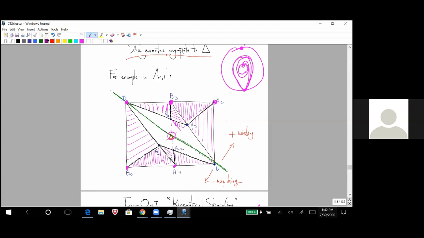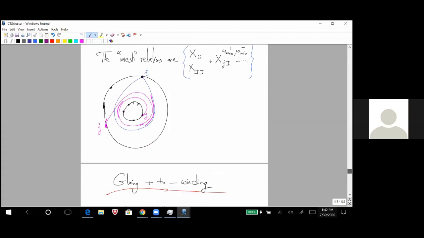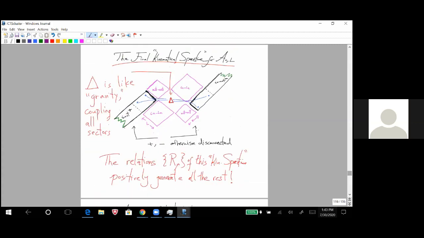Okay, so I have this quadrilateral, and so I have that relation between the most positively wound B and B0, the most negatively wound one here, is equal to D plus delta. This is not a standard mutation, but it's a relation which is true, and this fact that there are actually relations between oppositely wound guys is what makes it possible for delta to cap off the whole space. So that's a non-trivial fact.